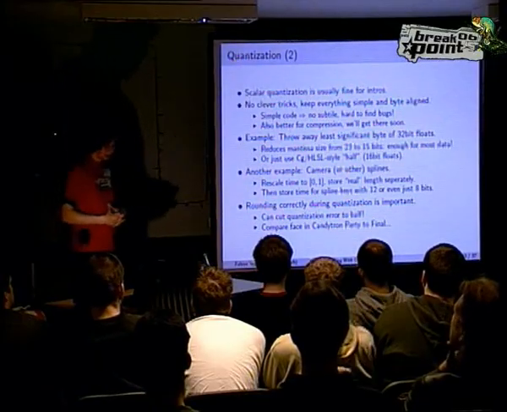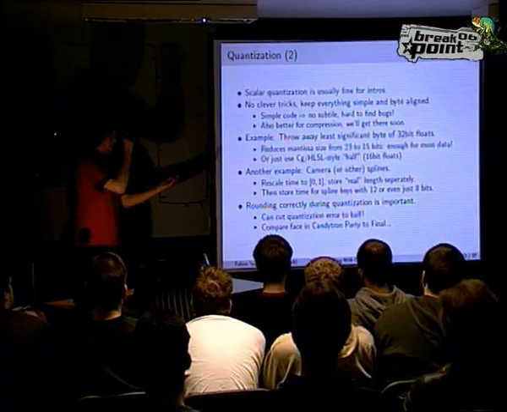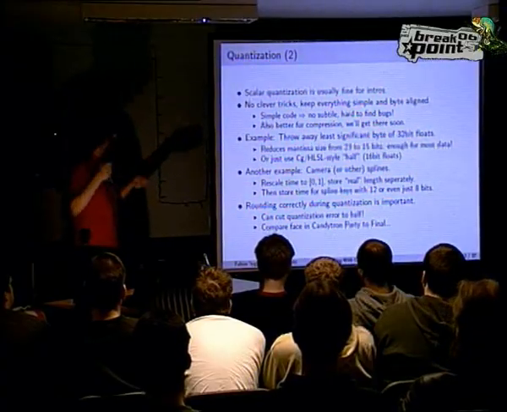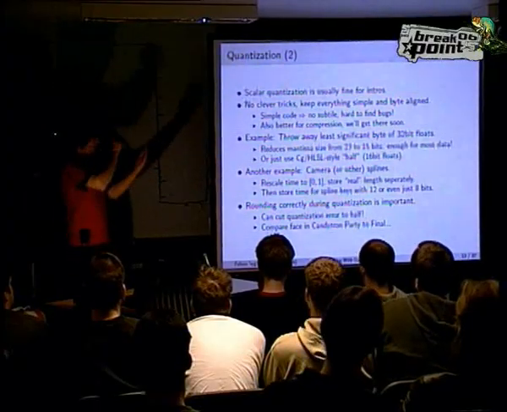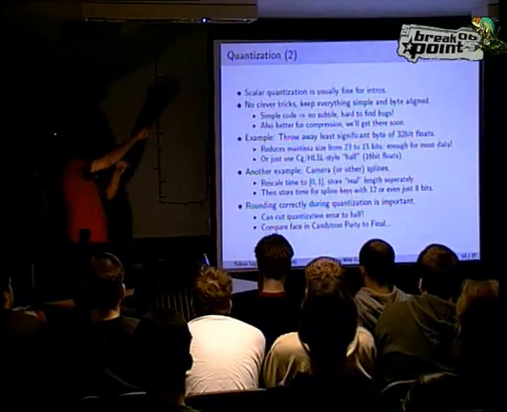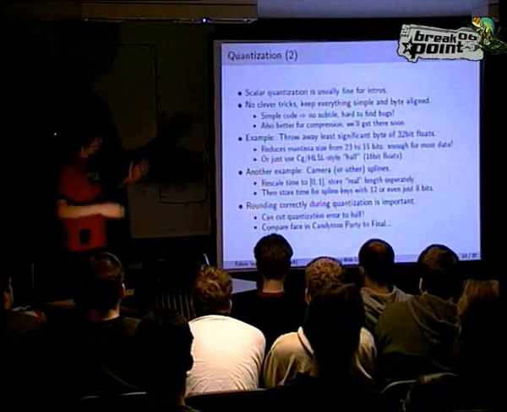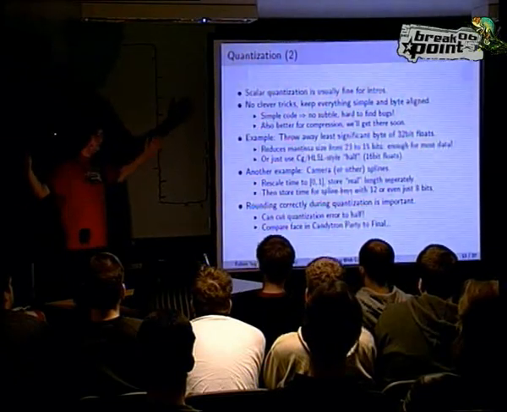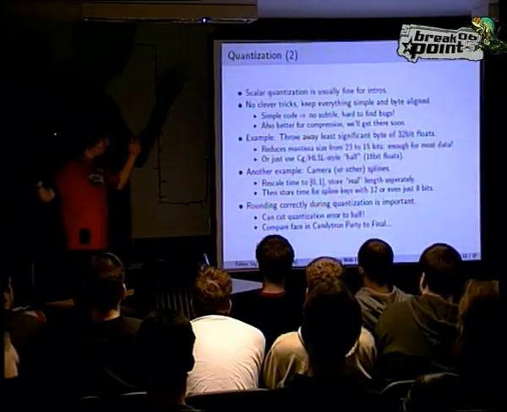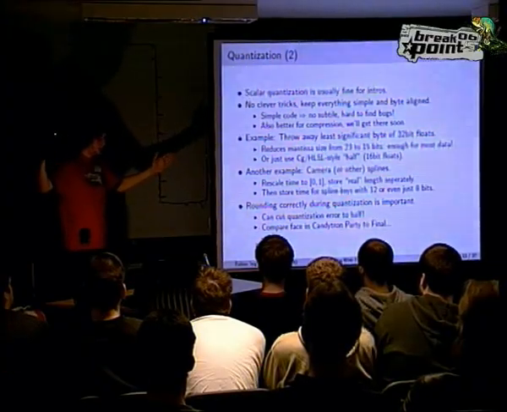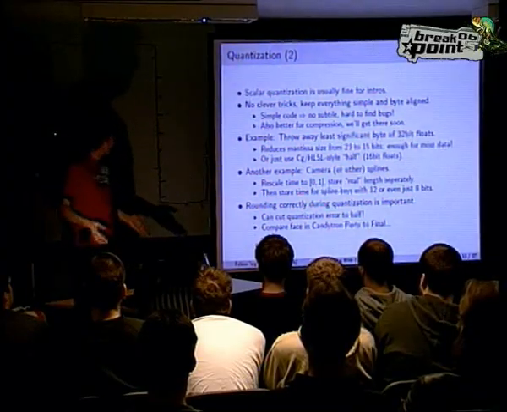And another example would be, say, for camera splines, where you usually have a lot of keyframes at a certain frame, which is either in frames or milliseconds or whatever you use. And you have those time values stored and the key values where the camera is at that point. And what you can do is just store how long the whole spline is, and then say the start point of the spline maps to 0, the end point of the spline maps to 1, and you just code the time in between with a single 12 or 8-bit value.